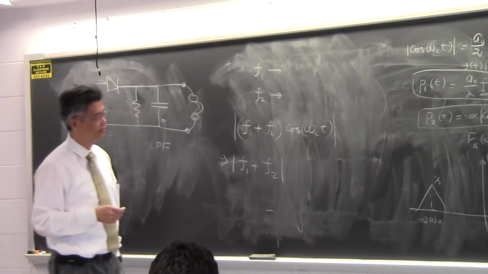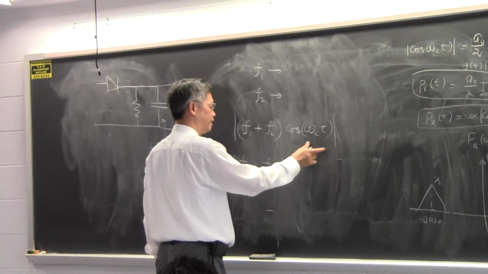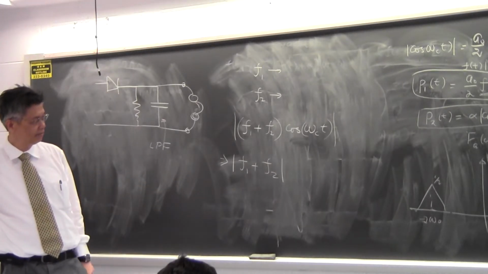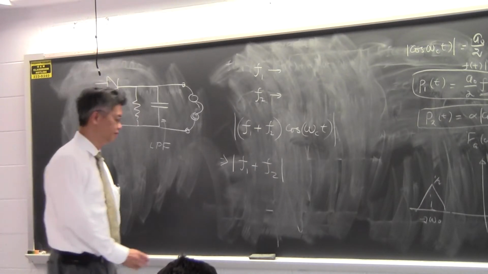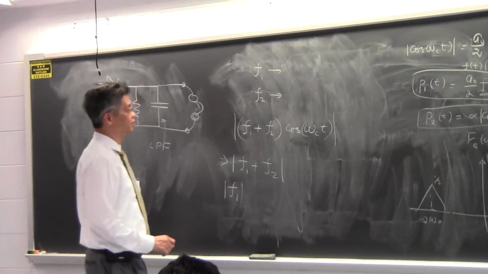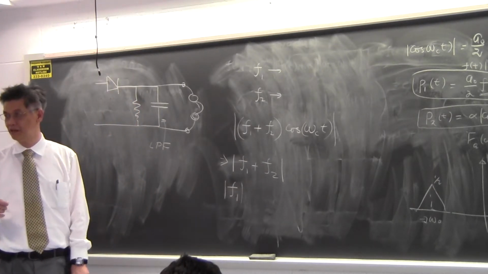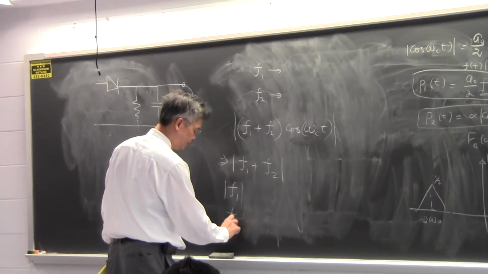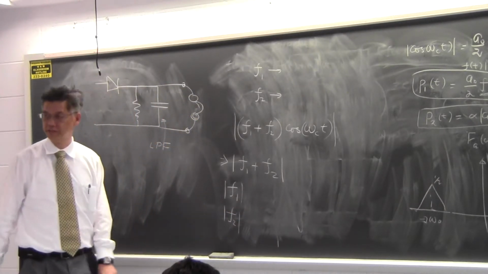So envelope detection does this. You get rid of this by some low-pass filtering action, and whatever you have finally is the envelope of F1 plus F2. If I send only one signal through, I get amplitude of F1. If I send the other signal through, I get amplitude of F2.